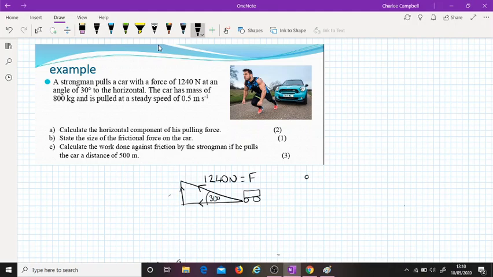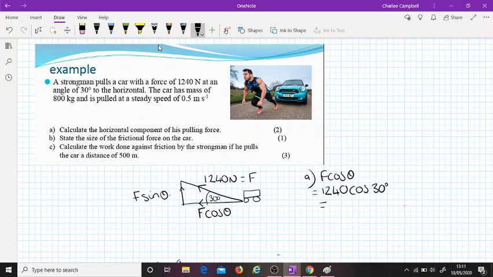So part A then is calculate the horizontal component of his pulling force. So horizontal, because we're adjacent to the angle, it's F, which is obviously 1,240, F cos theta, and our vertical is F sine theta. So F cos theta equals F, which is 1,240, cos 30 degrees.